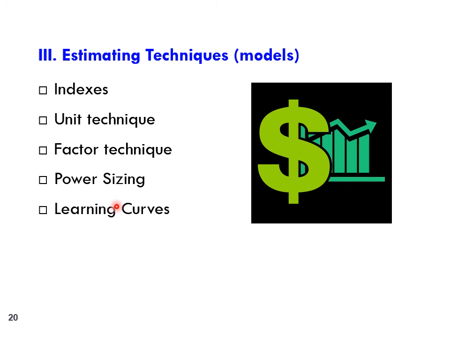We can classify the estimation methods according to their level of detail, accuracy, and their intended uses. For example, we can talk about order of magnitude estimates. Usually, these order of magnitude estimates are used in selecting the feasible alternatives for the study.